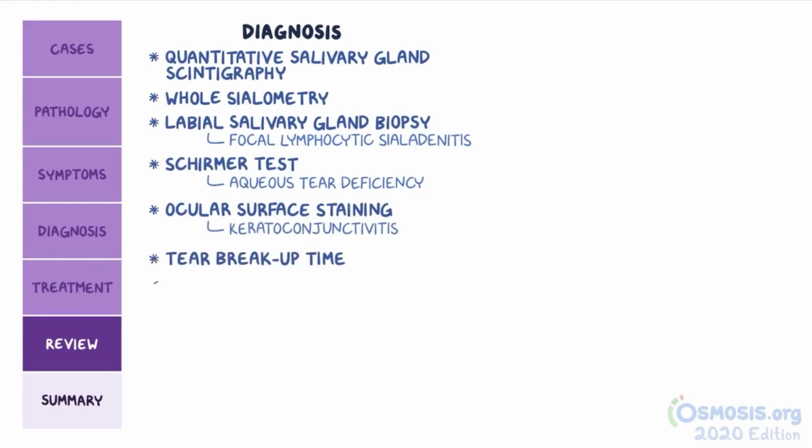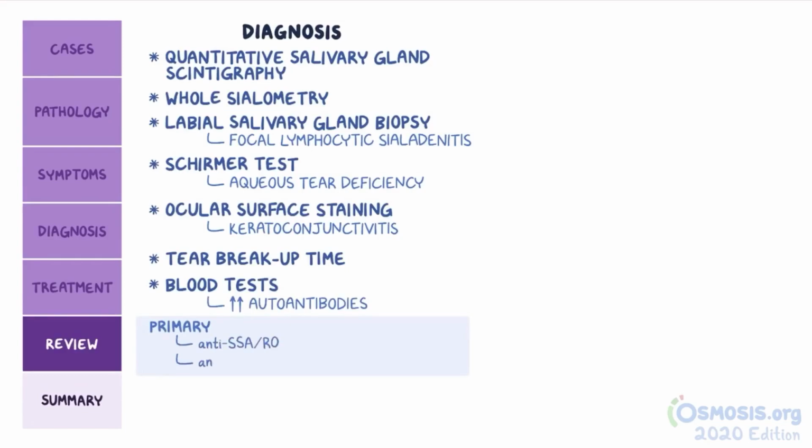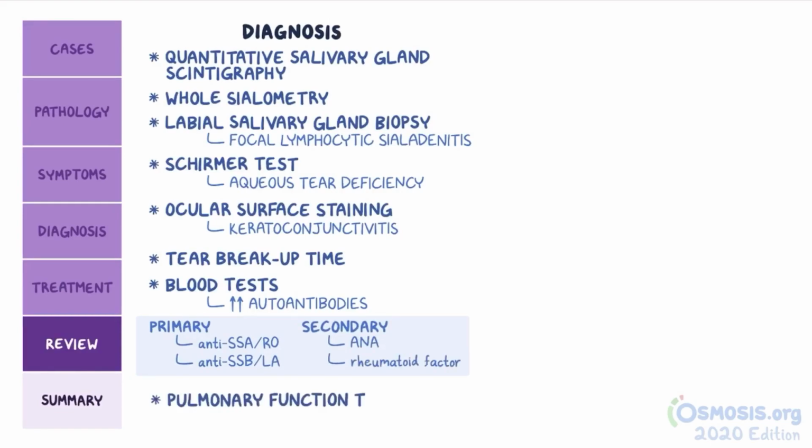Blood tests might also reveal elevated levels of autoantibodies. Primary Sjogren's syndrome is associated with anti-SSA-Rho and anti-SSB-La, while secondary disease can also present with other antibodies, like ANA and rheumatoid factor. Pulmonary function tests should also be performed to assess lung function.